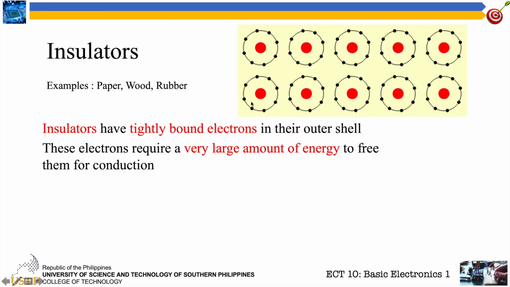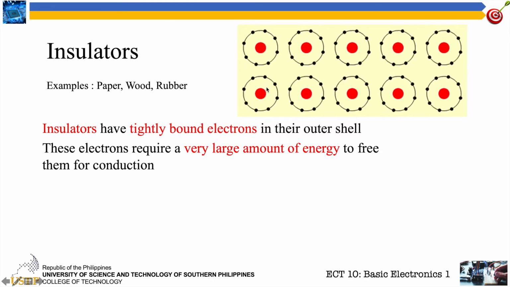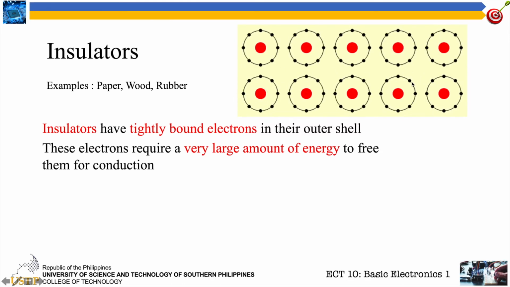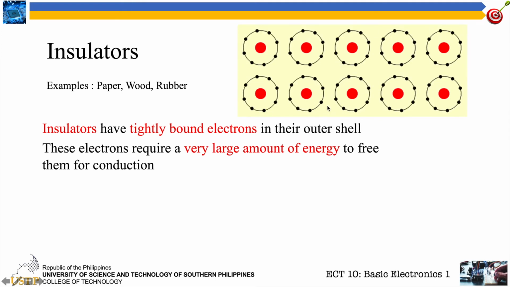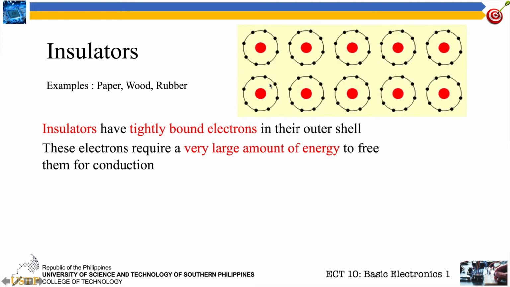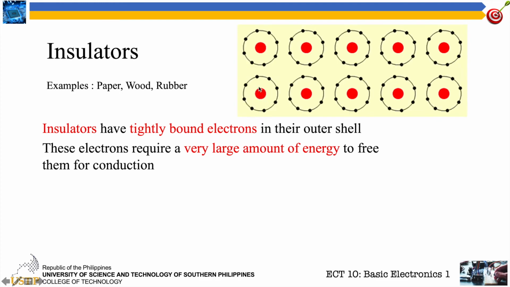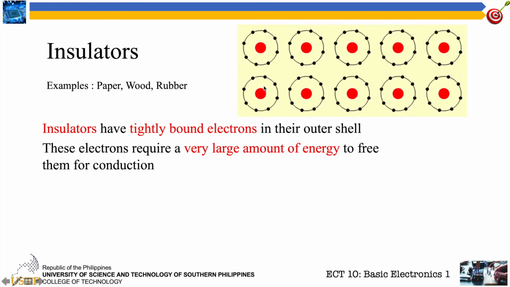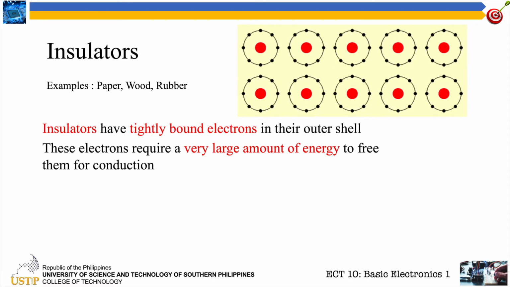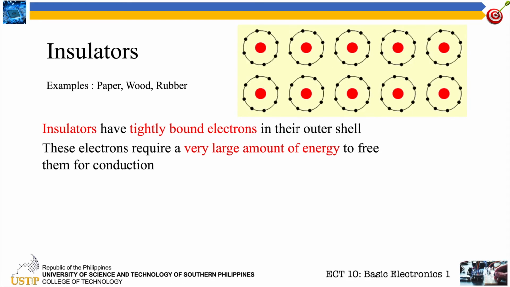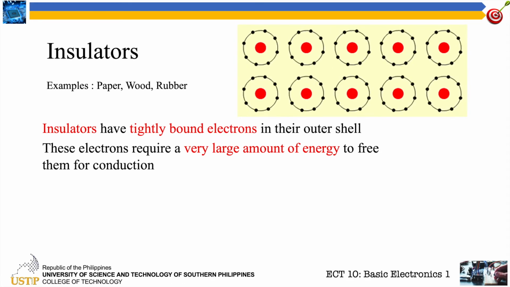Again, if we want these electrons to move from one atom to another to create electricity, then since there are so many electrons, it is just like the basic concept of force. If it's very heavy, then you need to exert a very large amount of energy.